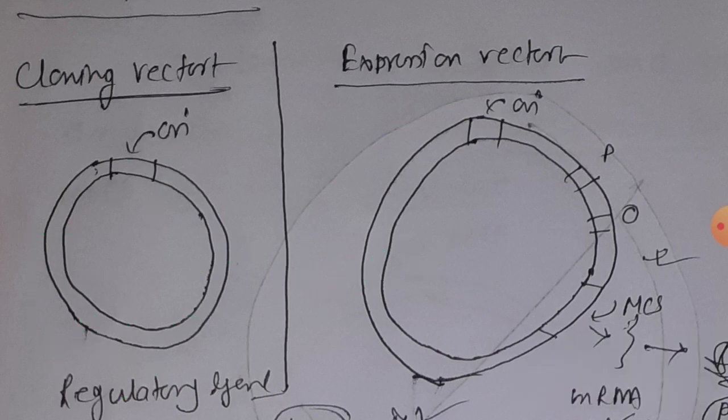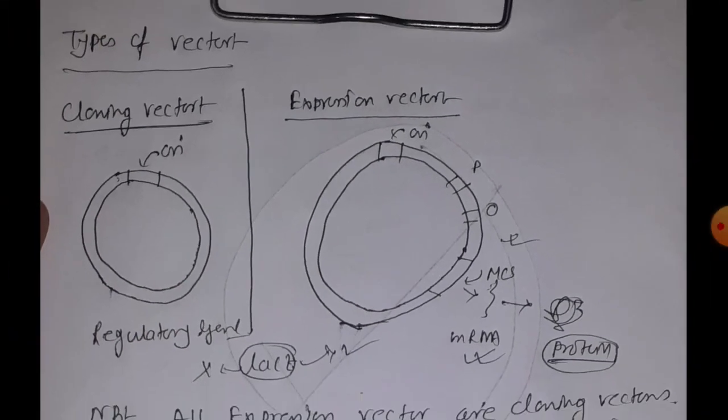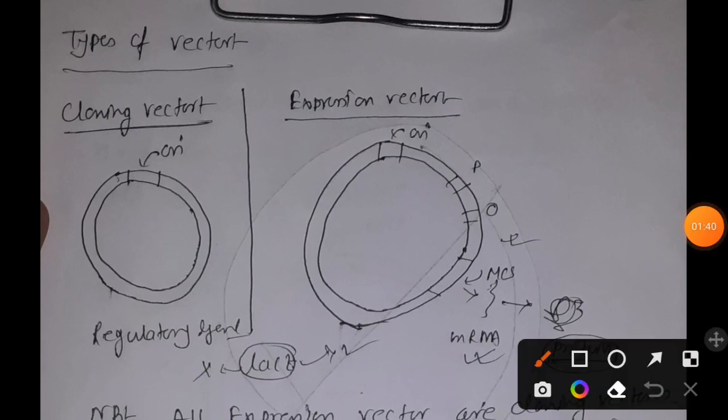After getting huge success in cloning with the help of these cloning vectors, scientists started to think: we have solved our problem of amplification of the gene of interest. Now we have PCR, so the problem is totally solved, right?